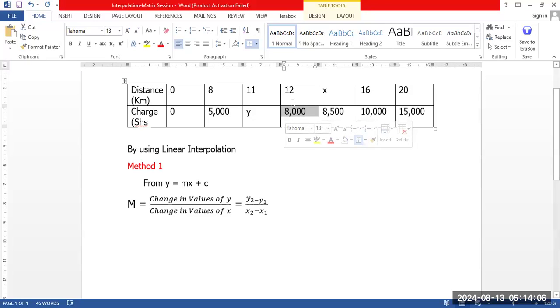So your 11 and y lie on the same line. So you're going to use these points, 8 with 5,000 and 12 with 8,000, to get the gradient.